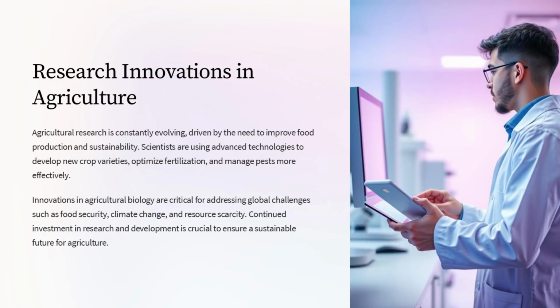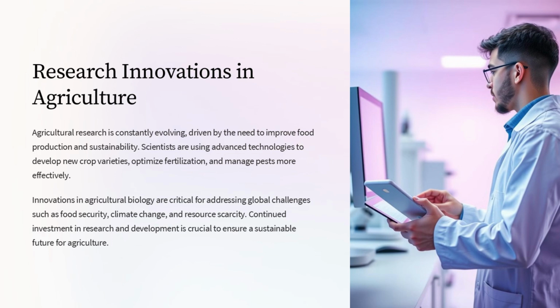Agriculture is a constantly evolving field, driven by the need to improve food production and sustainability. Scientists are leveraging advanced technologies like genetics, data analytics, and automation to develop new crop varieties, optimize fertilization, and better manage pests.